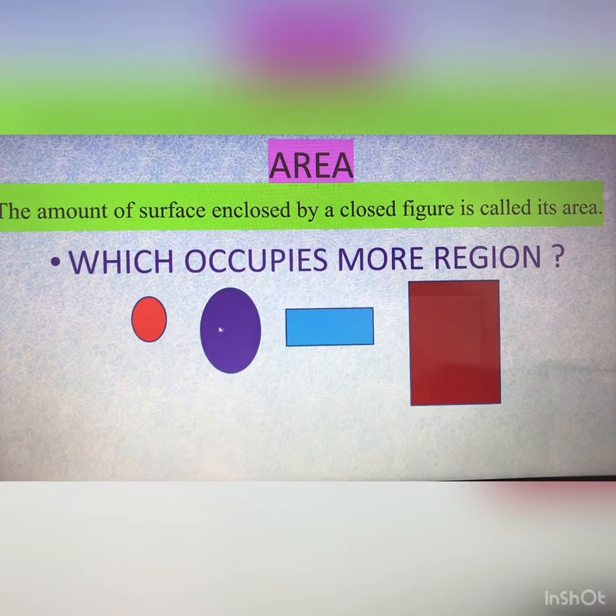Yes, here the purple circle has more area, and here the red rectangle has more area. How can you identify? Because this region is more than the red circle, and similarly the red rectangle encloses more surface than the blue rectangle, so it has more area.